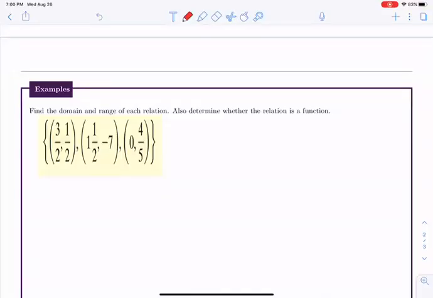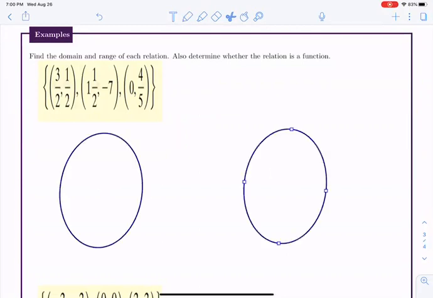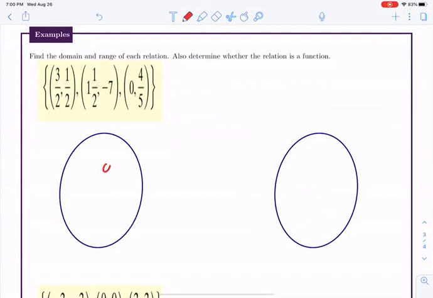So here we have 3 ordered pairs. And the first number is 3/2. And I see a 0, so let me keep the order. So I have 0, and I have 3/2. And we also have 1 and 1/2. That's what we call a mixed fraction.